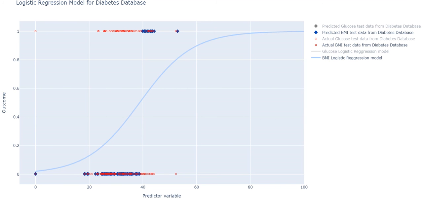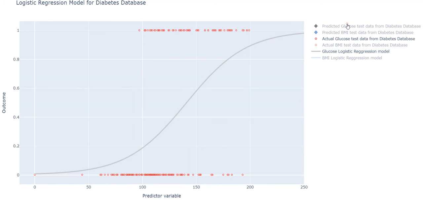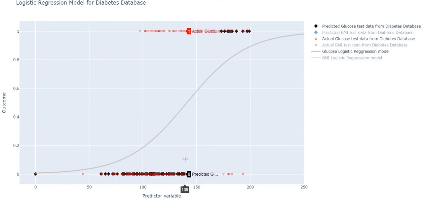Now let's go ahead and switch gears and look at the other logistic model of outcome versus my predictor variable for glucose. As you can see here, we have our sigmoid function. We have also the predicted glucose test data in the black diamond. And we have also the actual glucose test data from the diabetes database.